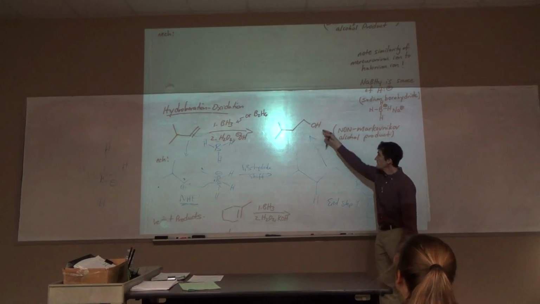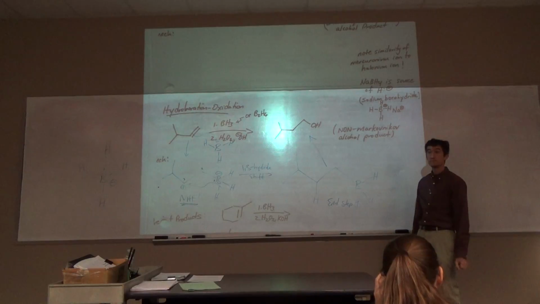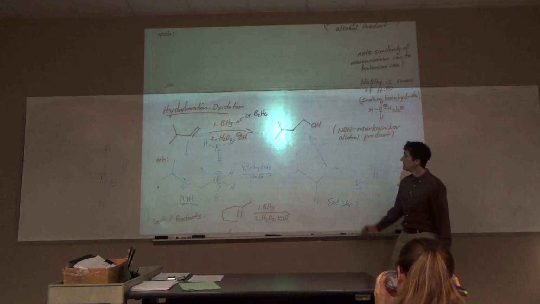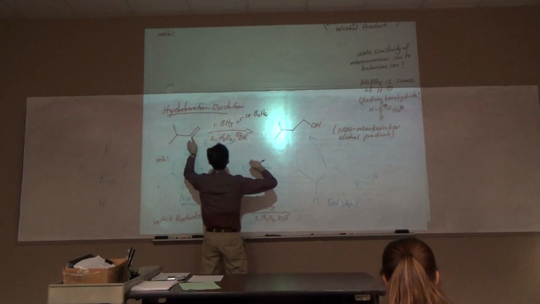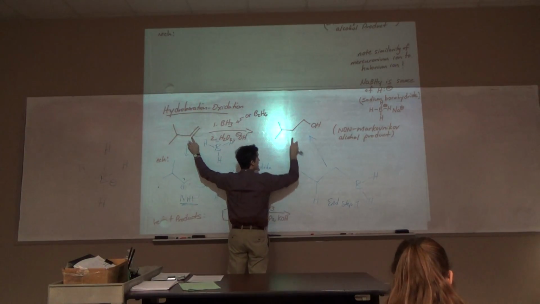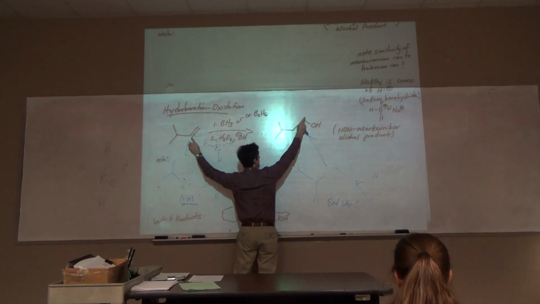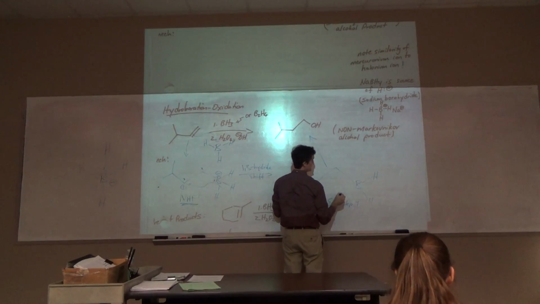Replace the BH2 with the OH. That's what we still need to do. Because if you look at this, 1 H here, 2 here. Well, we got the 2 H's there, but we haven't done anything over here in terms of getting an oxygen there.